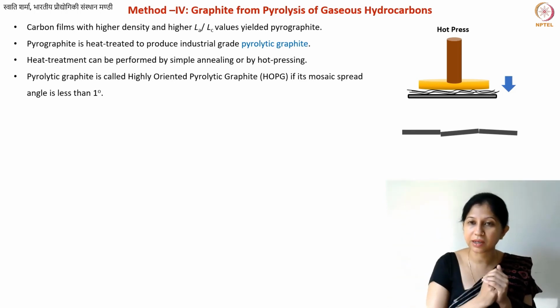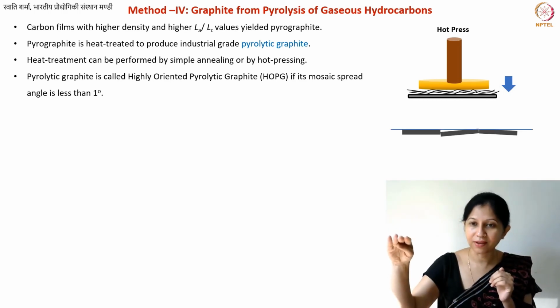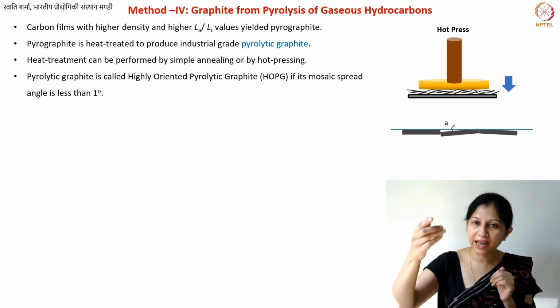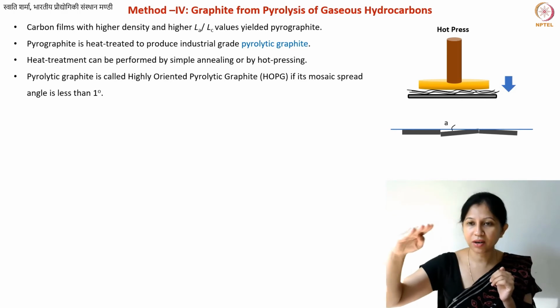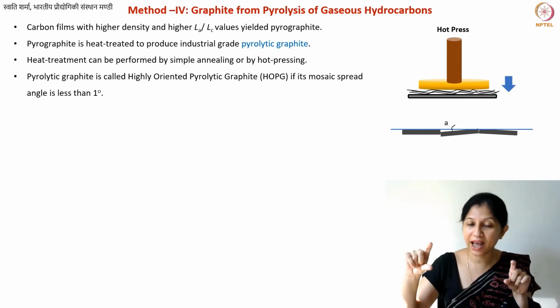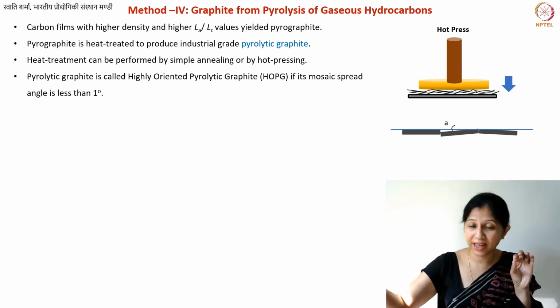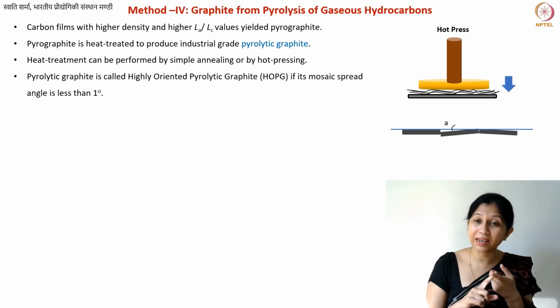Certain crystallites are not exactly parallel, and the average of this angle throughout your surface is known as the mosaic spread angle.